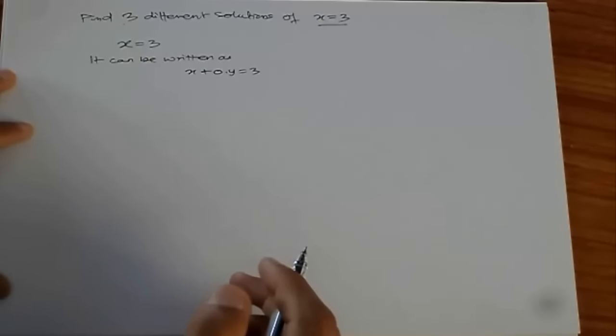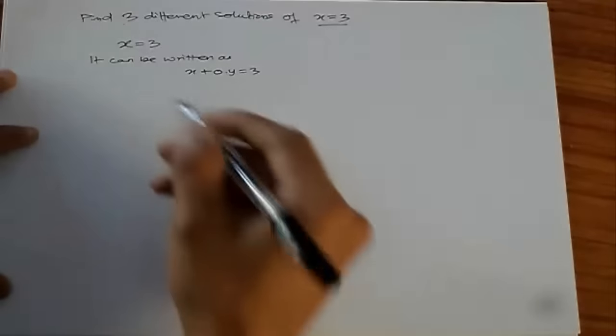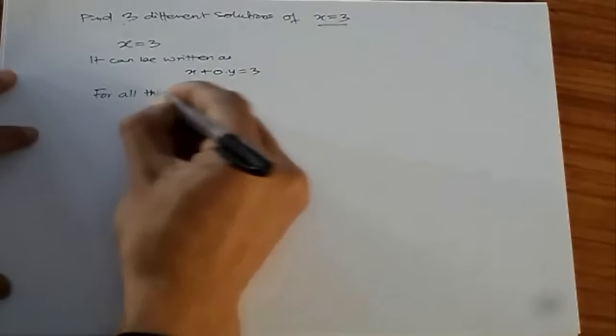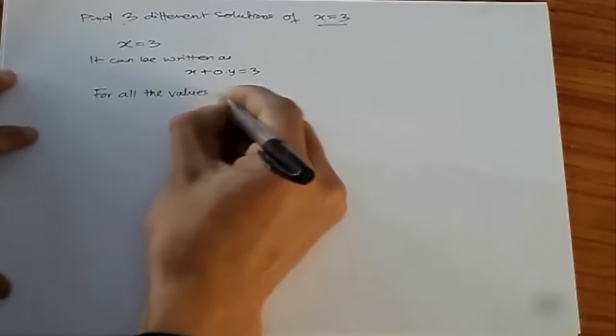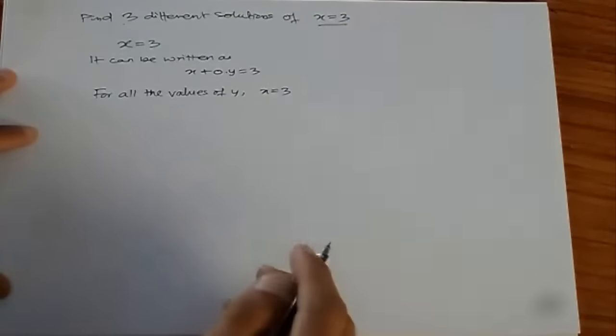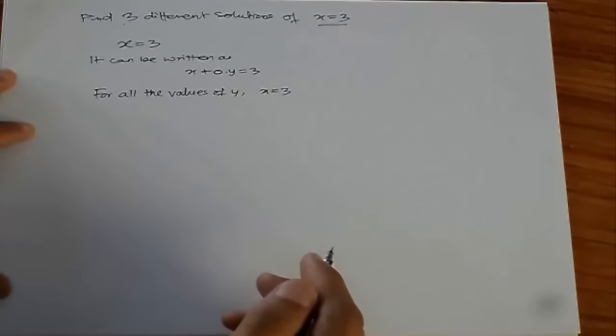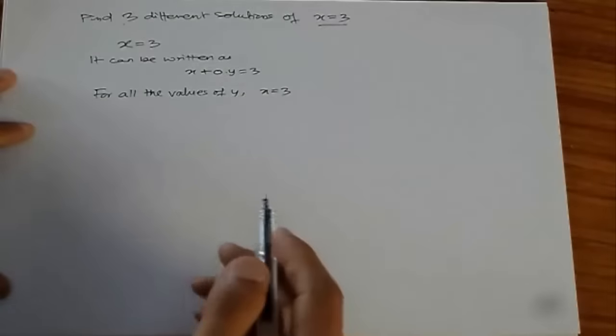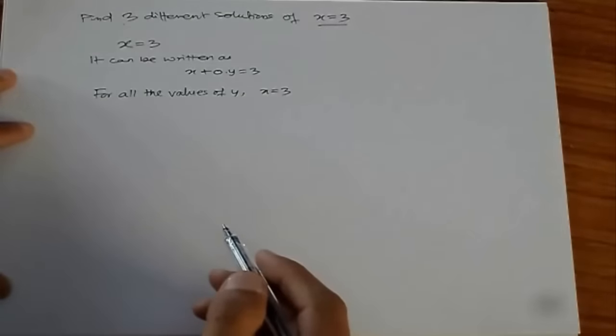So we need to find 3 different solutions. So here, for all the values of y, x equals 3. Y is multiplied by 0, so whatever the y value, it doesn't affect the equation. So for all the values of y, x remains constant. x equals 3, right?